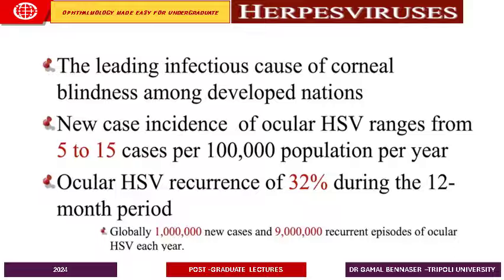So globally, there are around 1 million new cases and around 9 million recurrent episodes of ocular herpes simplex per year, and this is data based on the developed countries and not the developing countries. In the developing countries, there is still no accurate statistical data showing the exact prevalence and incidence of herpes simplex keratitis.